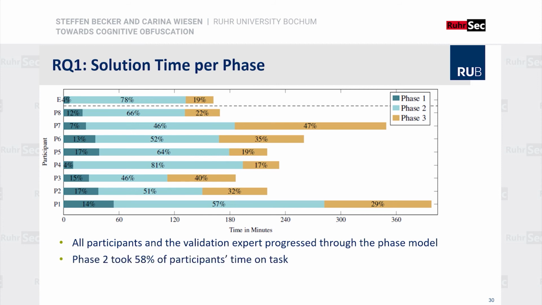While absolute and relative solution times moderately differed between participants, phase 2 took a total of 58% or 2.5 hours of participants' time on task, and marks therefore the core of the analyst's investigation. Last but not least, most manual analyses of netlist components took place in phase 1, while script-based analyses predominated in phases 2 and 3.